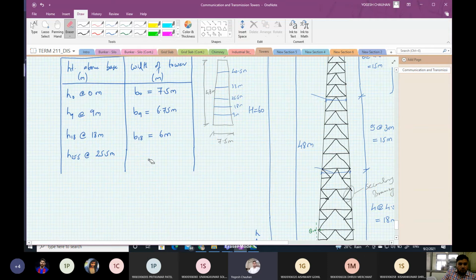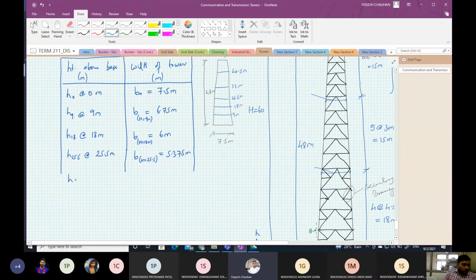B25.5, the width at height equal to 25.5, will be equal to 5.375 meter. In the same way, this is H18, the height at 18 meter, the width corresponding to height of 9 meter, and the width corresponding to height of 0 meter.